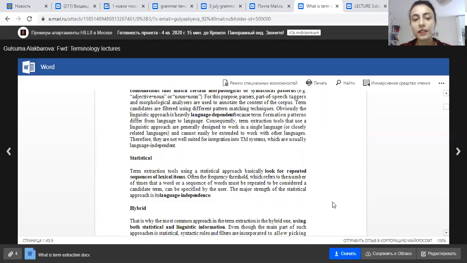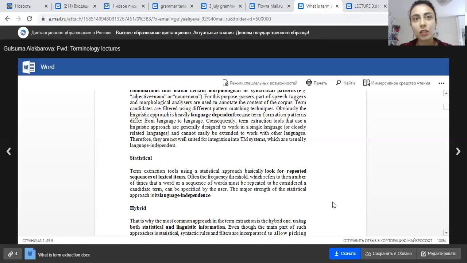Statistical term extraction means that you find the frequency of usage, you find the number of times your words have been used. If you found the frequency of that word, and if you found that the articles, books used this certain word as a term several times, this is called statistical term extraction.